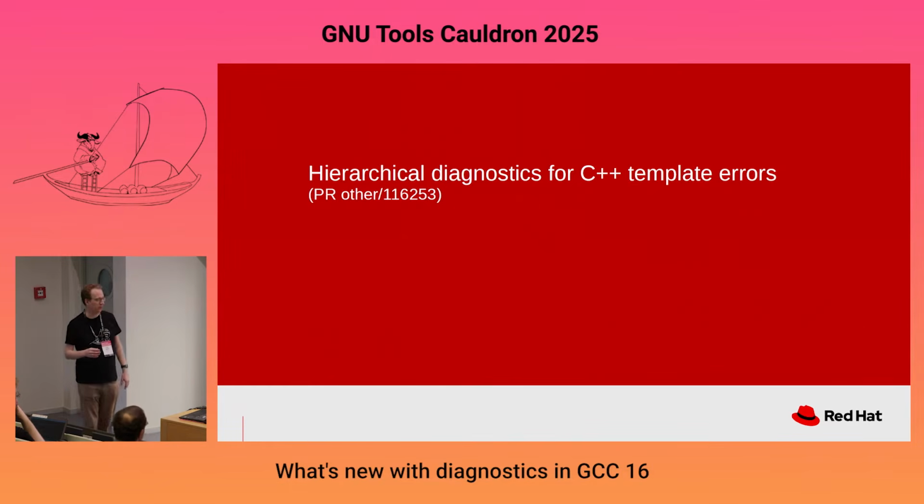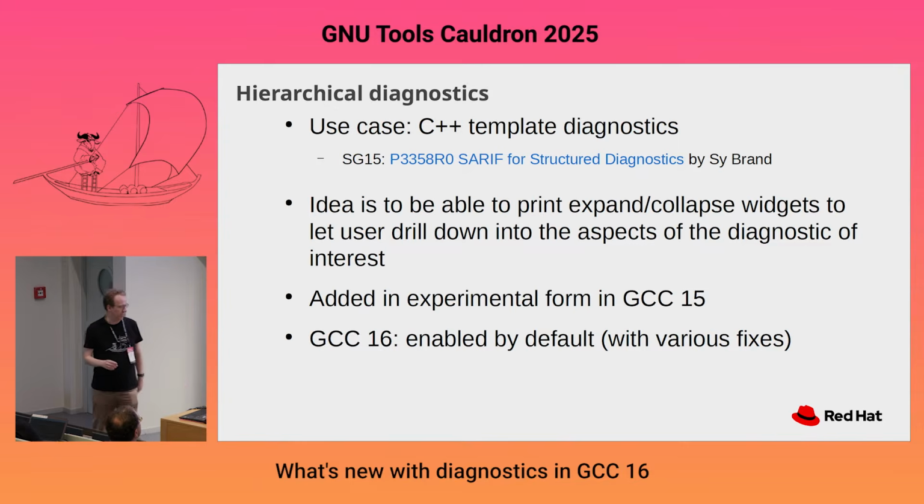So what might be the headline feature in 16 for end users might be the hierarchical diagnostics for C++ template errors, this thing here. If you're familiar with errors that come out of a C++ compiler, it's a difficult problem in which we either don't tell the user enough for them to be able to figure out what's wrong with their code, or we spam them with screenfuls and screenfuls of text.